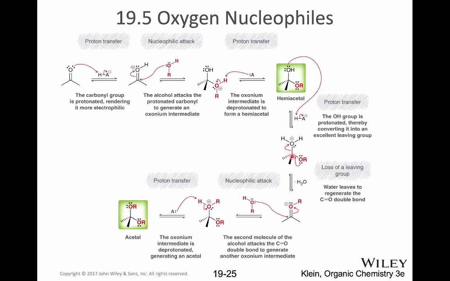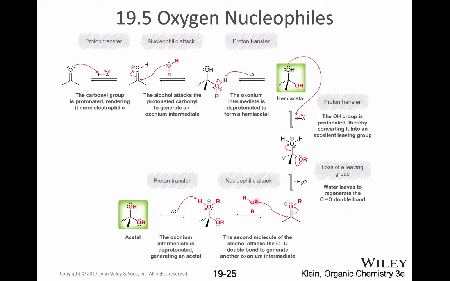This water leaving is facilitated by this oxygen pushing its electrons down. Remember, we've seen this type of movement before in electrophilic aromatic substitutions, where alkoxy groups are activating groups via resonance. This gives you this oxonium here, which is super reactive.